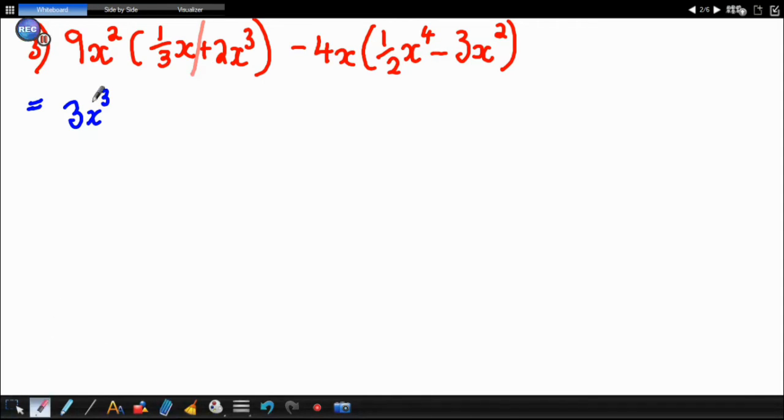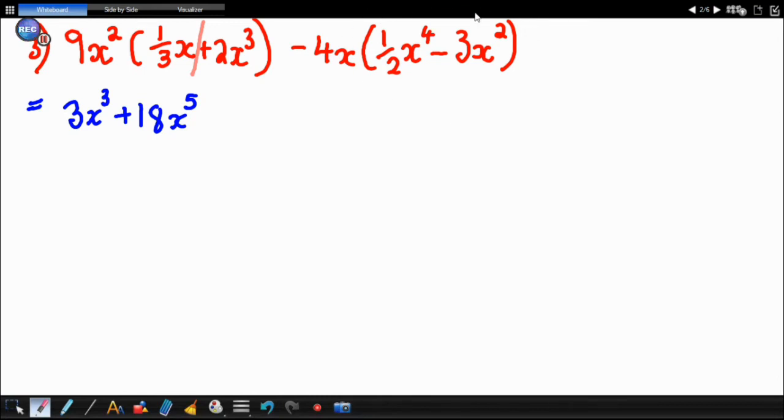Right, let's see. 9x squared, and then we have 2x cubed. What do we do here? The normal. 9 times 2 will give you plus 18, and then x squared times x cubed will give you x to the power of 5. We are done with this part.